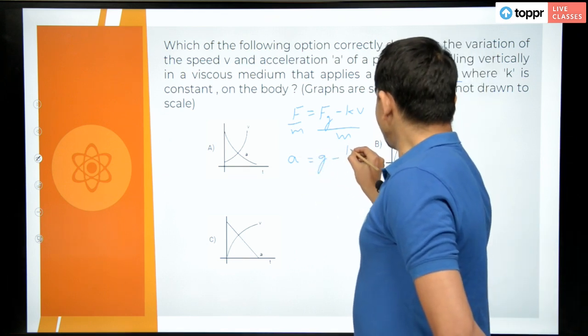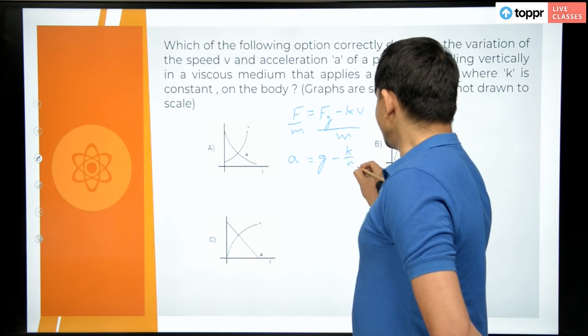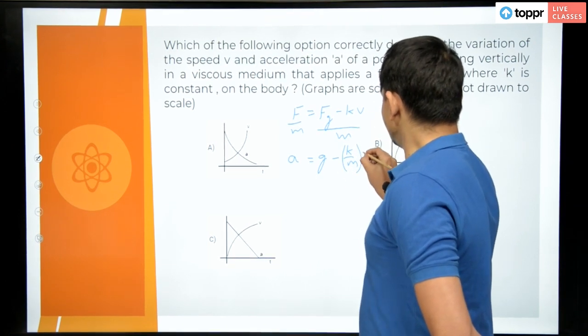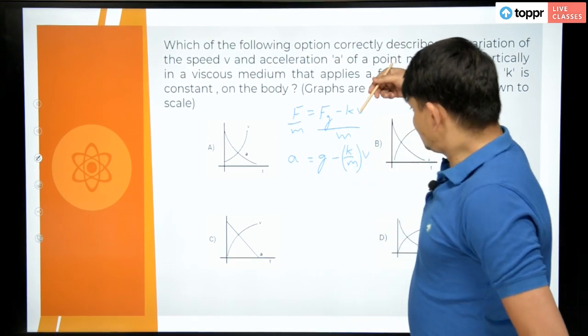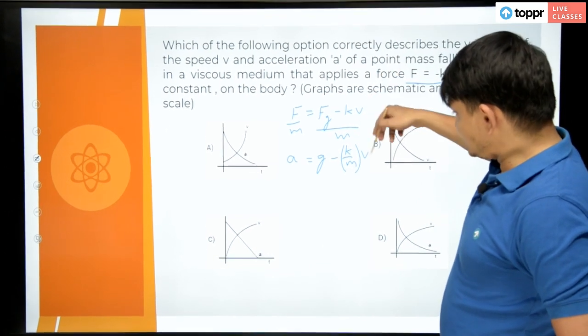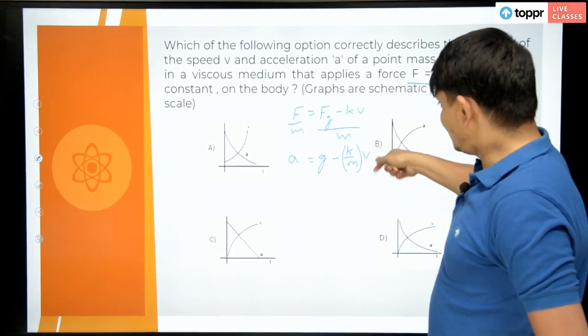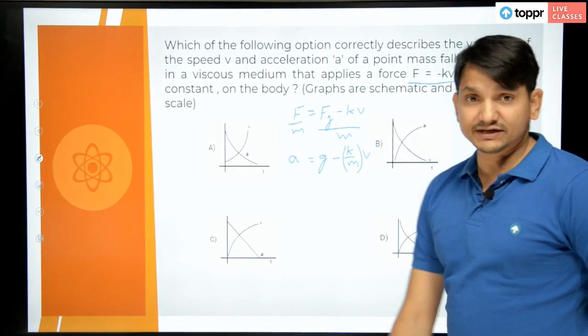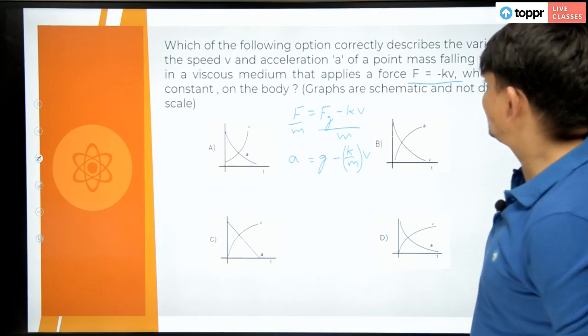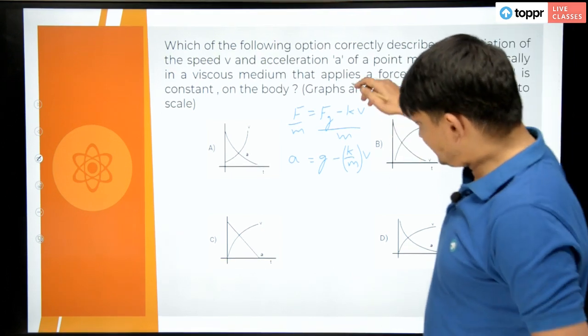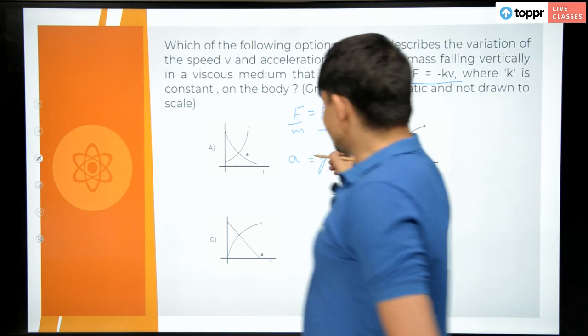Now we will be having k by m times v. So, what is this k by m? This is some constant because k is a constant, right, and v is the velocity of our point mass.